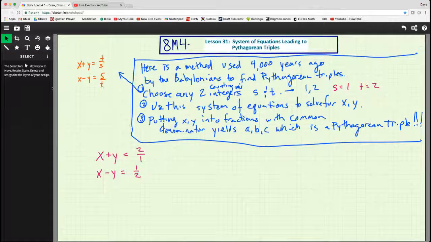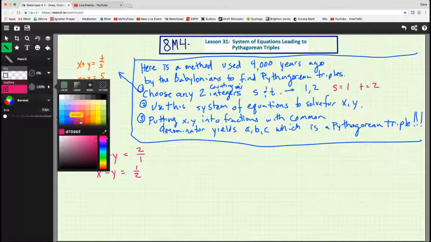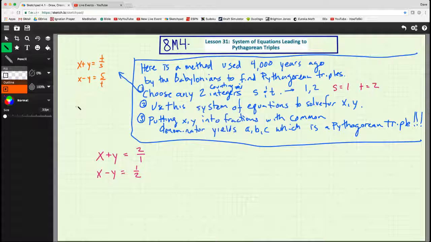This isn't bogus. And we'll make it a different color again. We'll make it orange. So it's C over B and A over B, right?